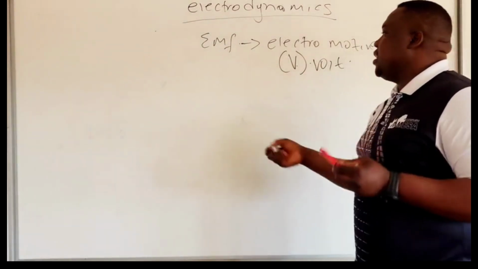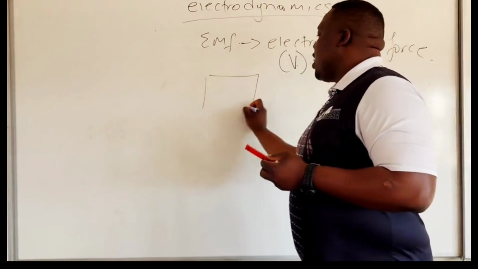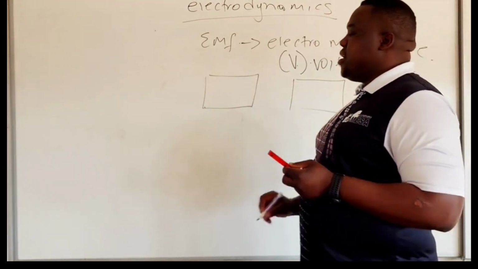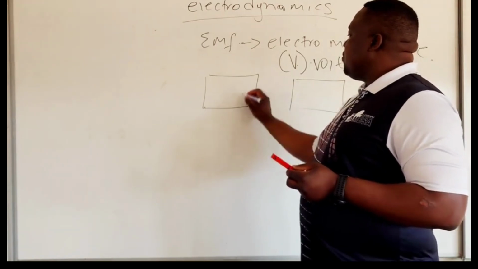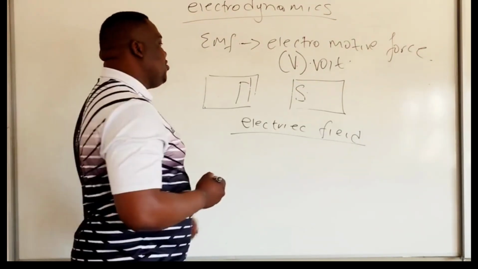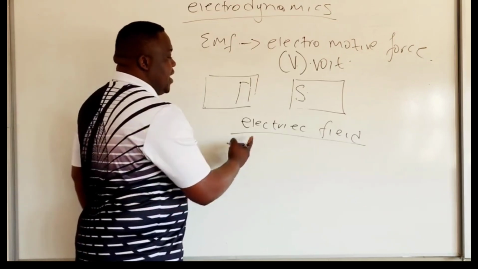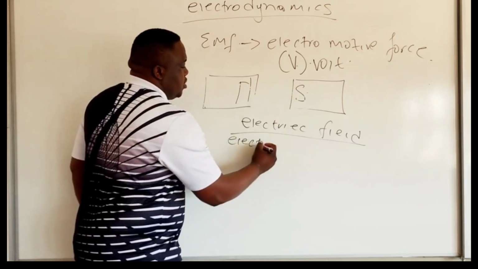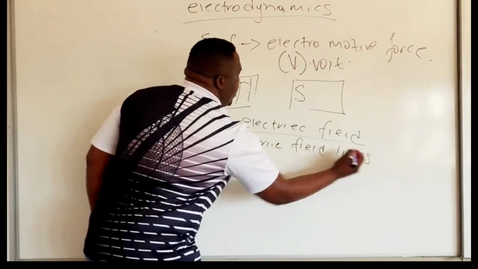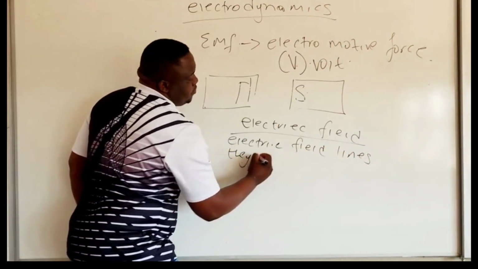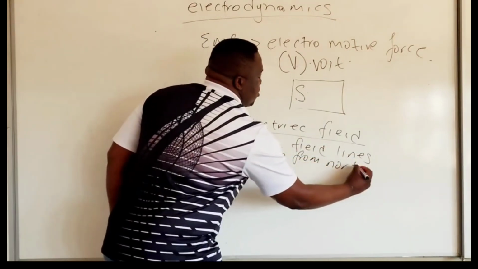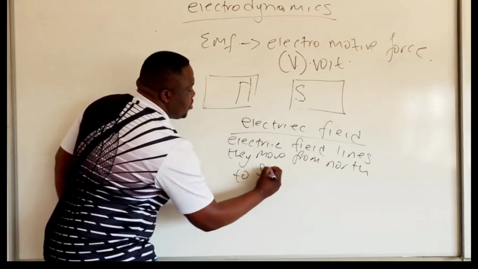So the first thing that we need to understand is, how does a magnet work? The first thing that we need to take note of is that the electric field lines in the magnet move from north to south.